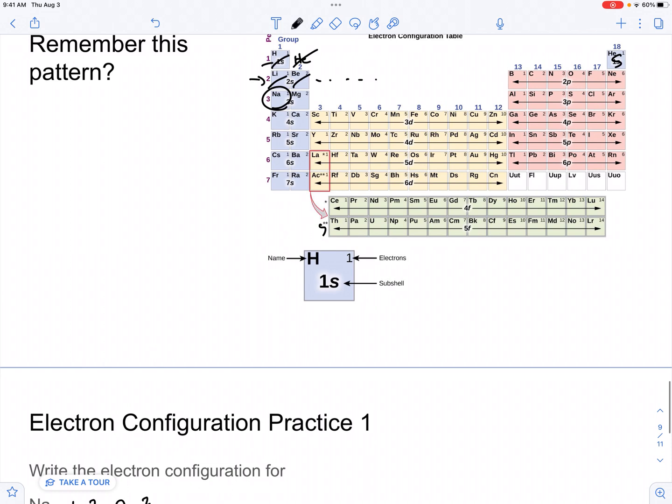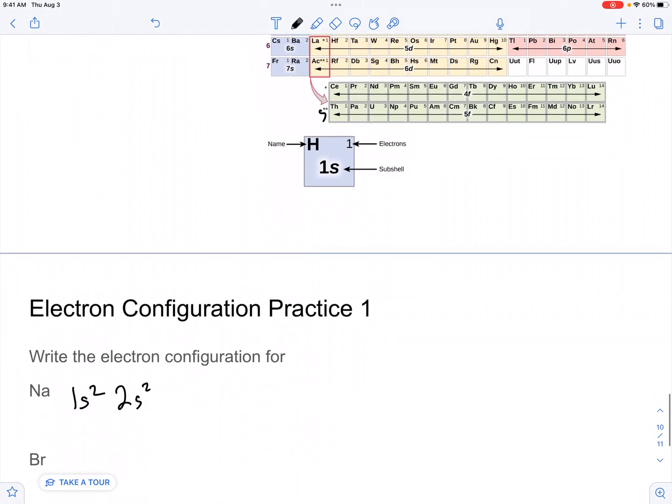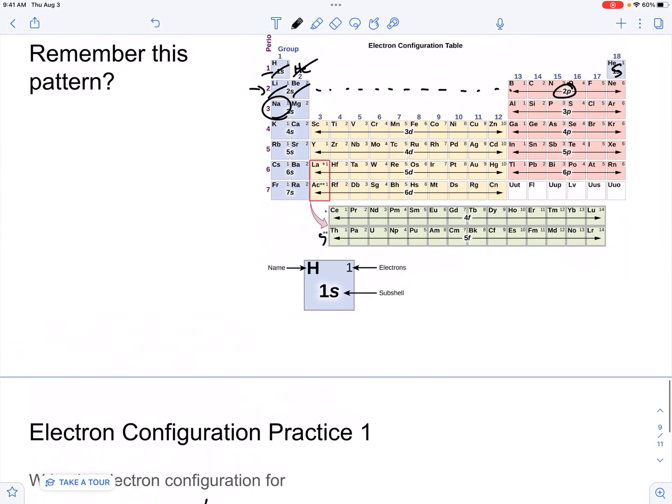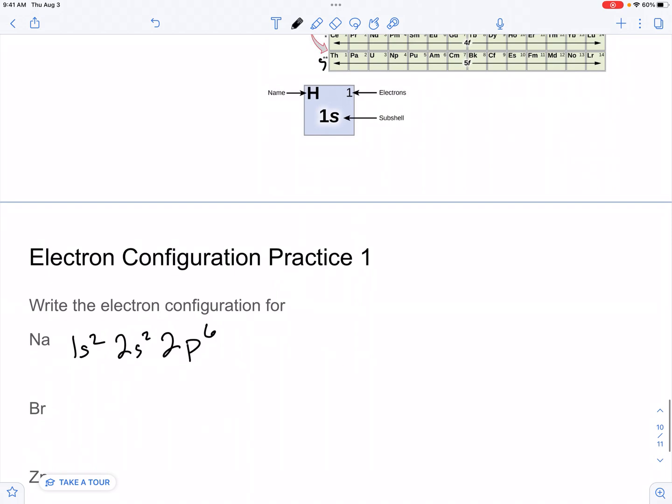Then I keep marching across the periodic table, still in the second level. Now I'm in the p block, and there are 6: 1, 2, 3, 4, 5, 6. So that fills up, and then finally sodium is here, so I have to write that last electron. 3s1 is my configuration for sodium.